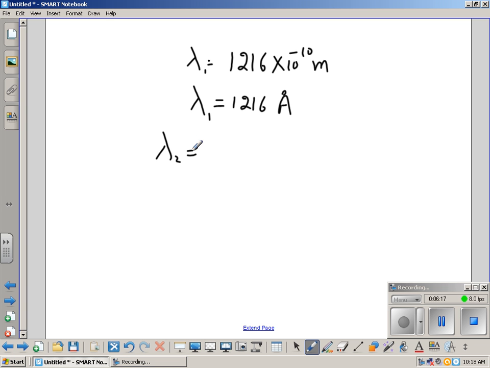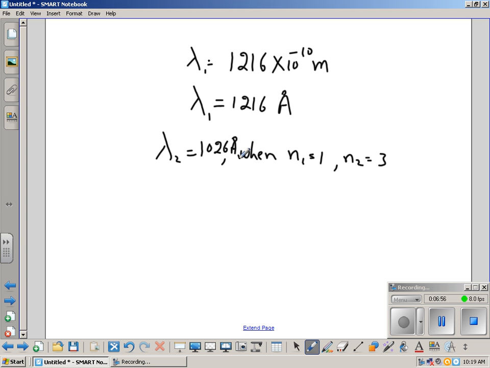Lambda 2 can be obtained when n1 is equal to 1, n2 is equal to 3, the second line. What value will lambda 2 be? 1026 angstrom units. This is when n1 is equal to 1 and n2 is equal to 3.